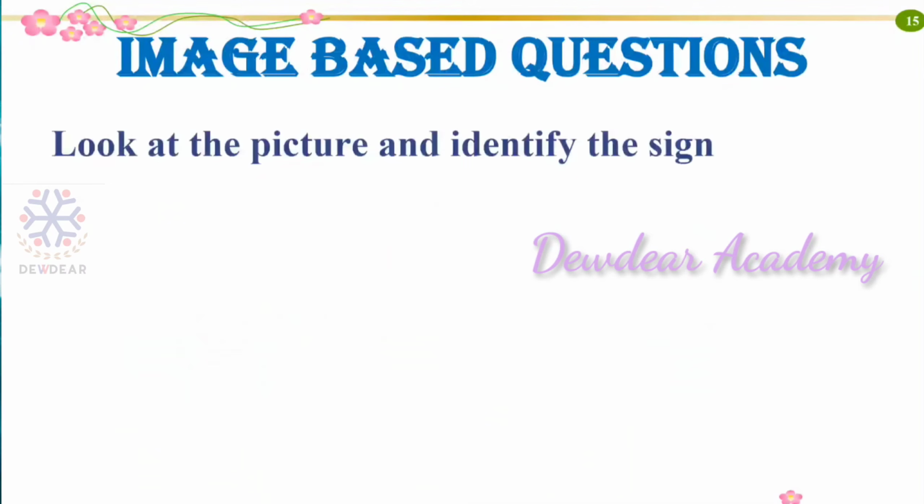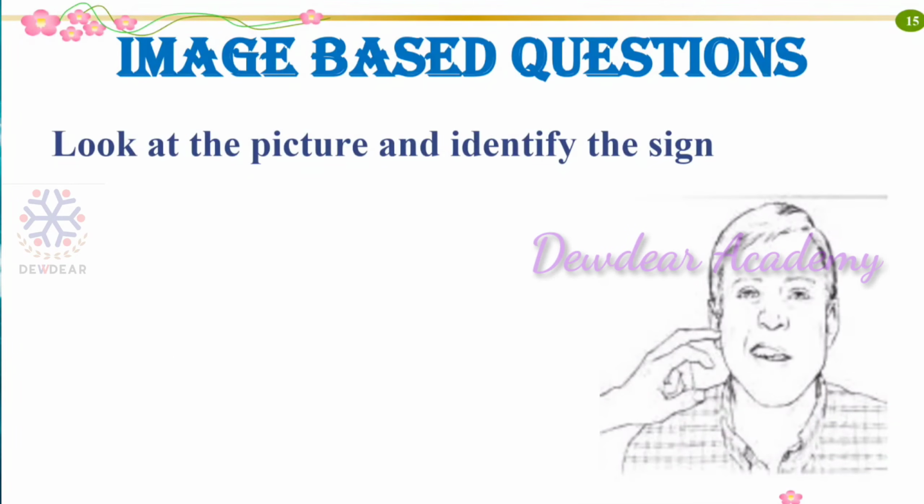Next question. Look at the picture and identify the sign. This is Chvostek sign. So what is Chvostek sign? It is a sign of hypocalcemia.